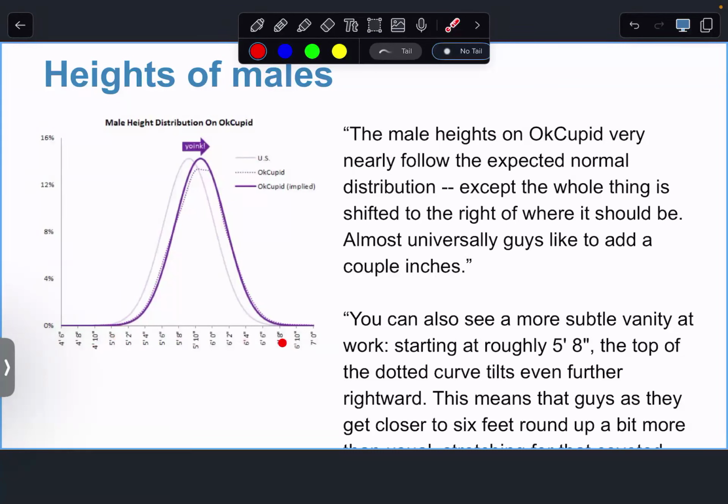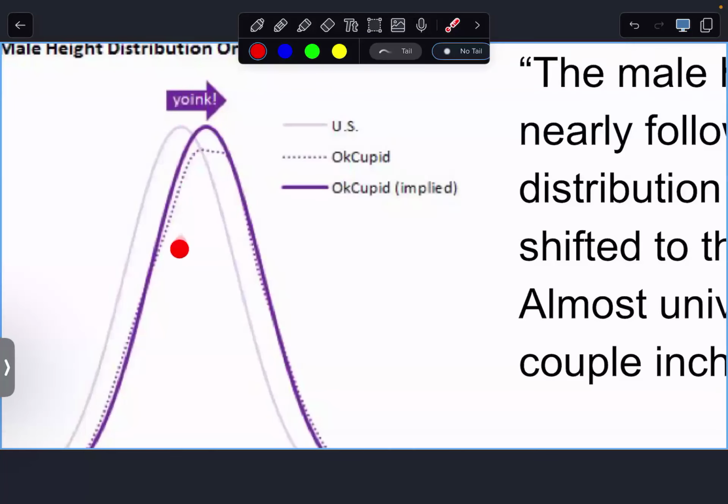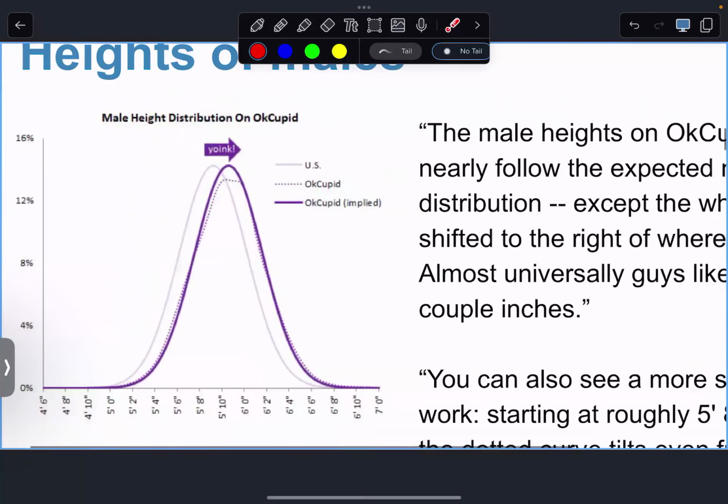But there's variability there, right? And so if we know the average height of males, for example, then, right, I think this is the true US distribution, the faint purple line here. We'll talk about that one. And then they've done a lot of work here, but the heights that are on OkCupid, which is a dating website, in case that's not obvious.